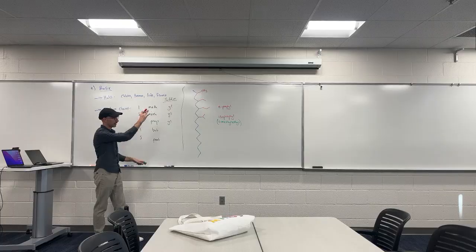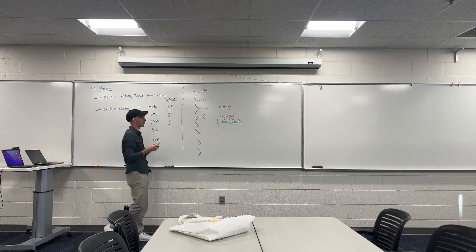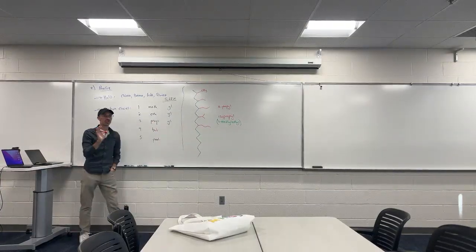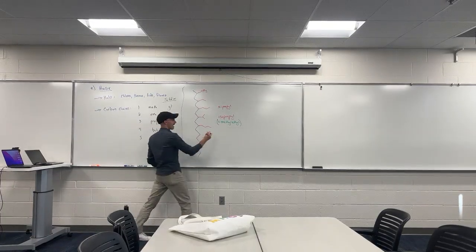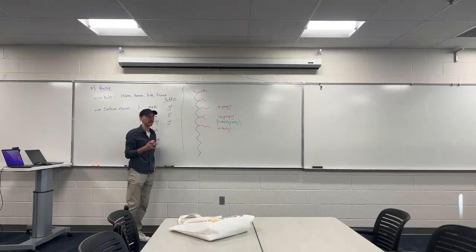Now, we're going to come back to some of these. I'm going to point out some details in a little bit, but some more that I want you to know. 4-carbon chain, straight. What can we name it? Not just butyl. We can name this N-butyl. Although if you call it butyl, everyone will understand.